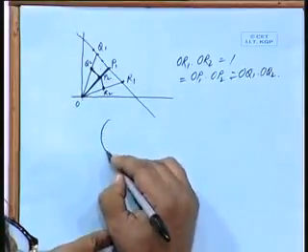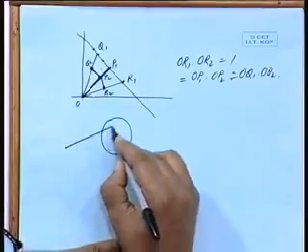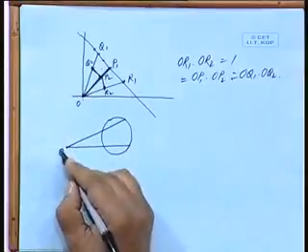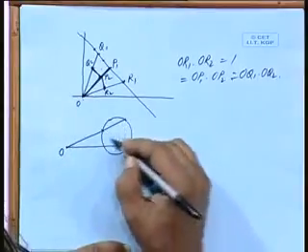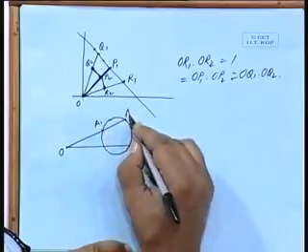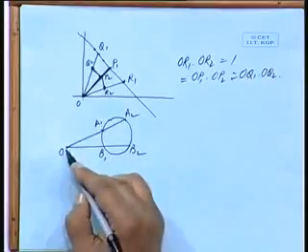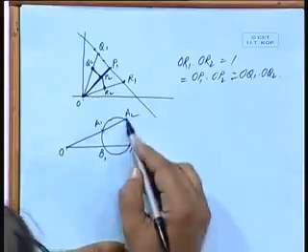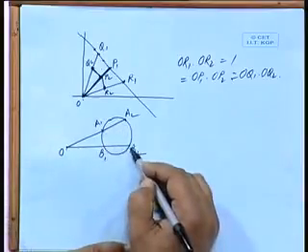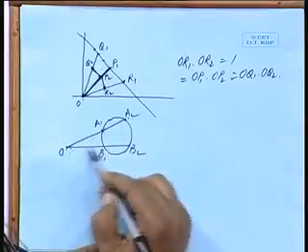If you remember, in geometry you have studied, if I draw 2 lines like this, say O, A1, A2, B1, B2. So, OA1A2 is a line cutting this circle at 2 points A1, A2. Similarly, this one cutting at B1, B2. Then OA1 into OA2 is OB1 into OB2.